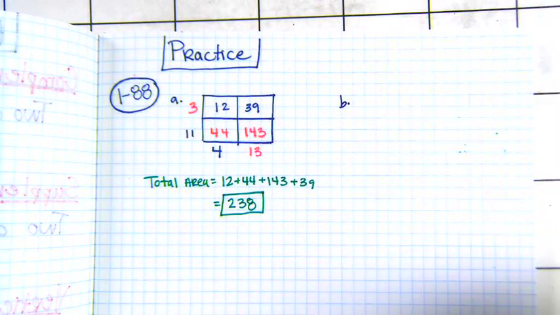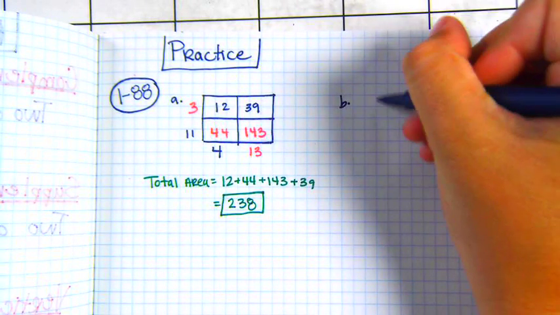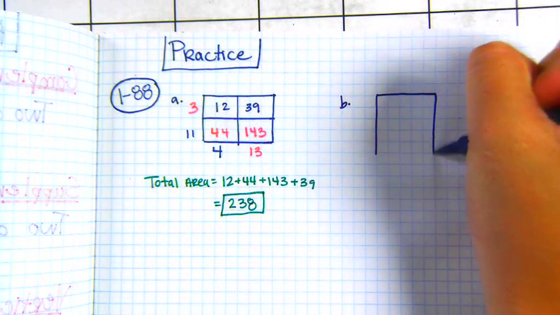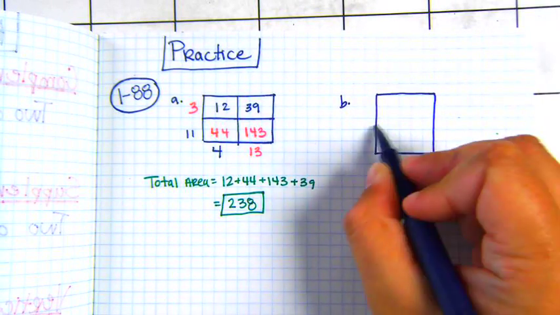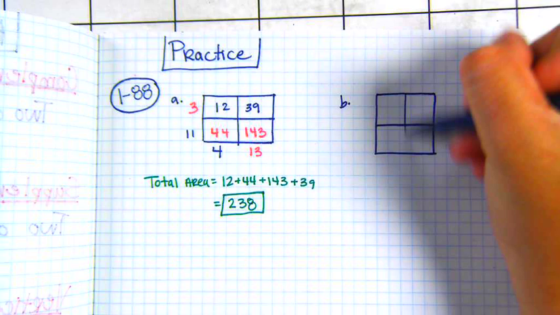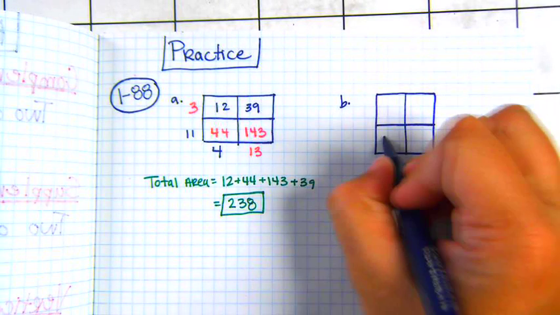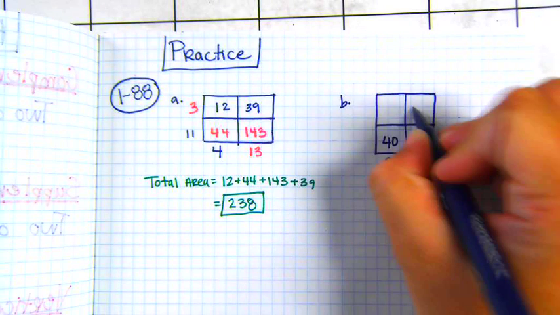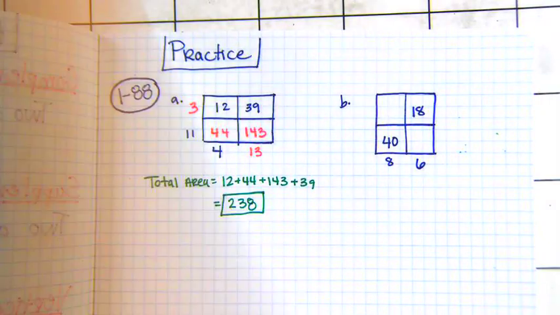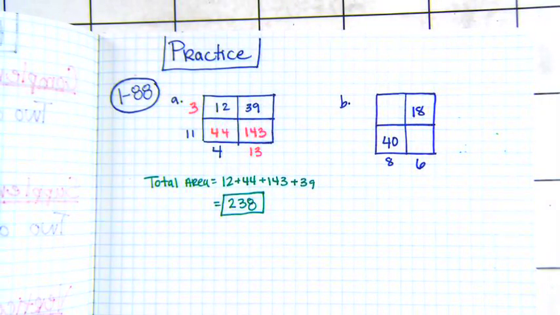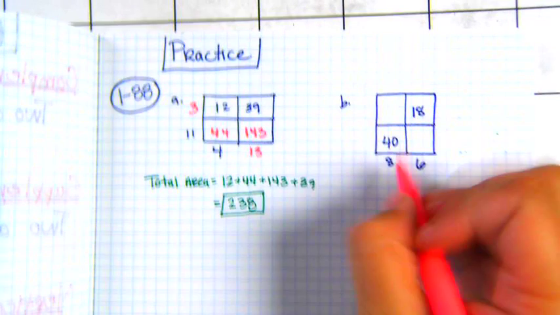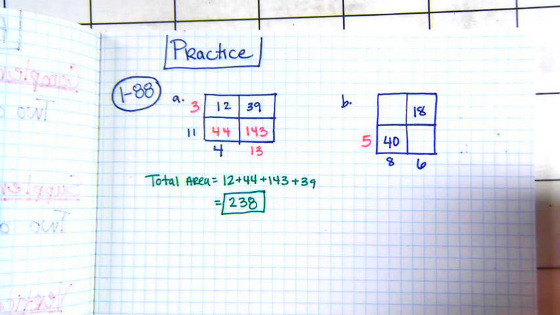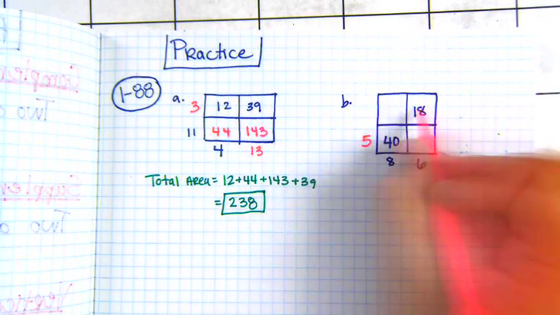Letter B. And I'm going to follow the same strategy as I did before. 8 times what gives me 40? That has to be a 5. And 6 times what gives me 18?